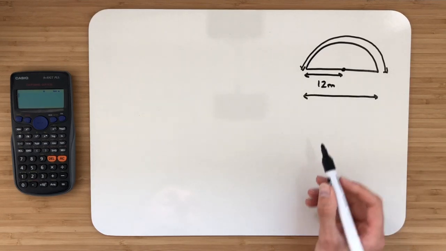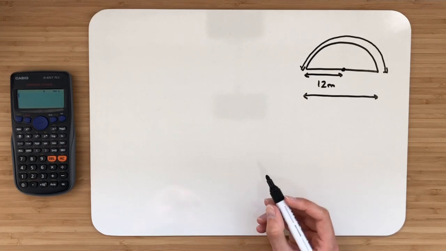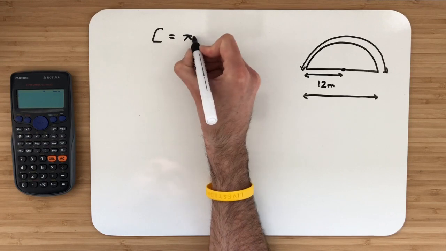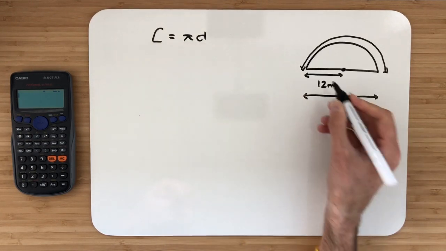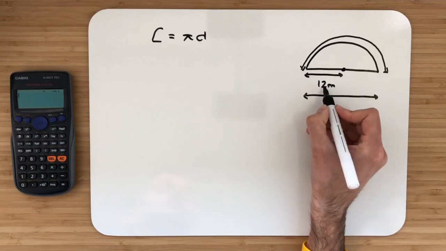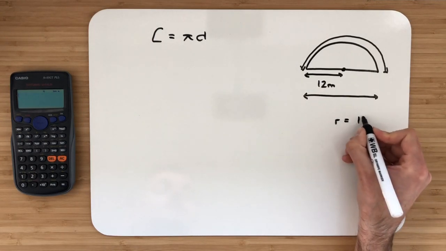To begin with, the first thing we want to do is work out the length of the arc, which is the semicircle. So, full circle, C is equal to pi d. Now, this is diameter. We've been given a length that goes from edge to centre of 12 metres, so that represents radius. So radius, 12 metres.